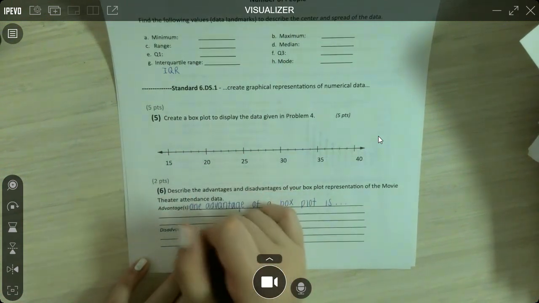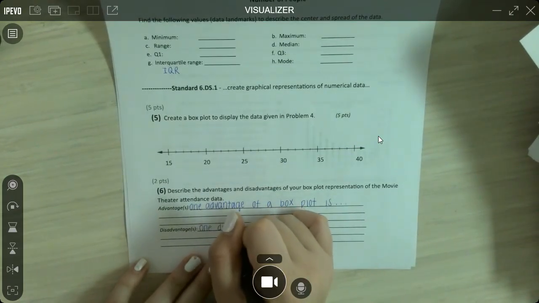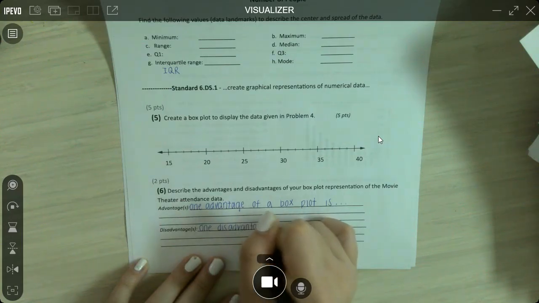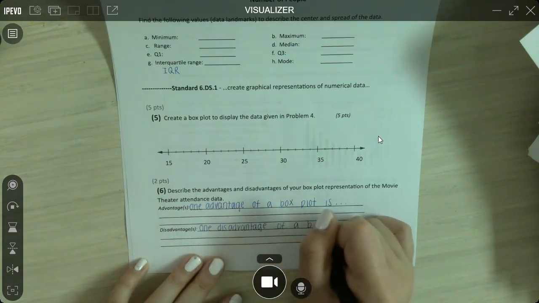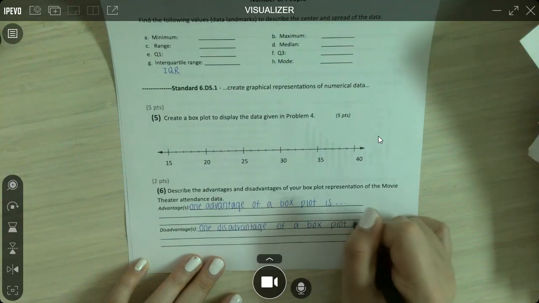And then down here, "One disadvantage of a box plot is."